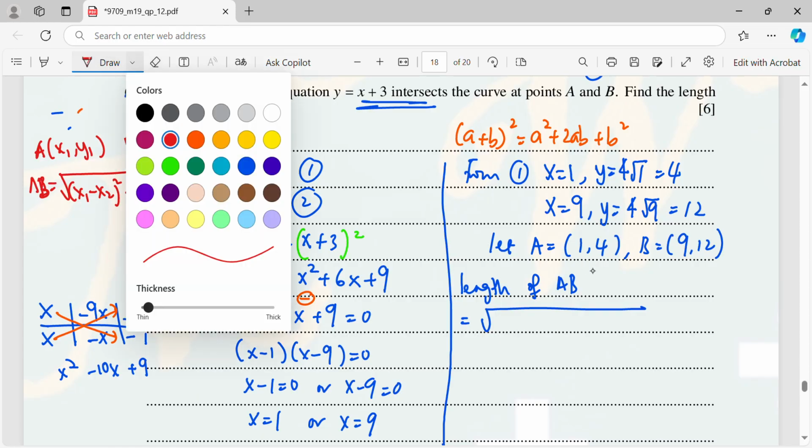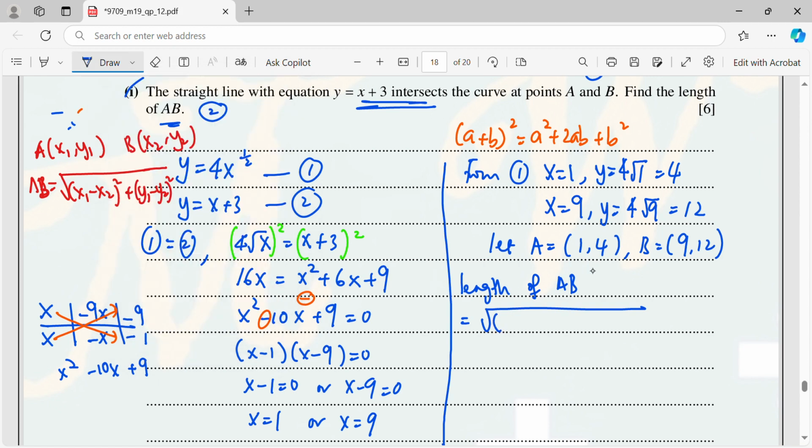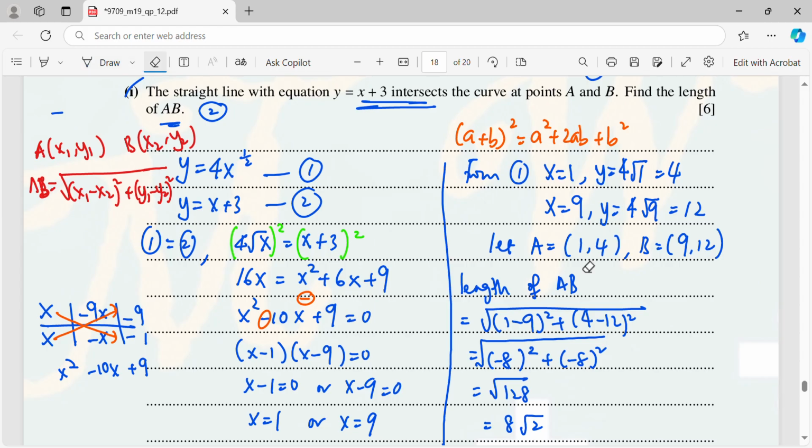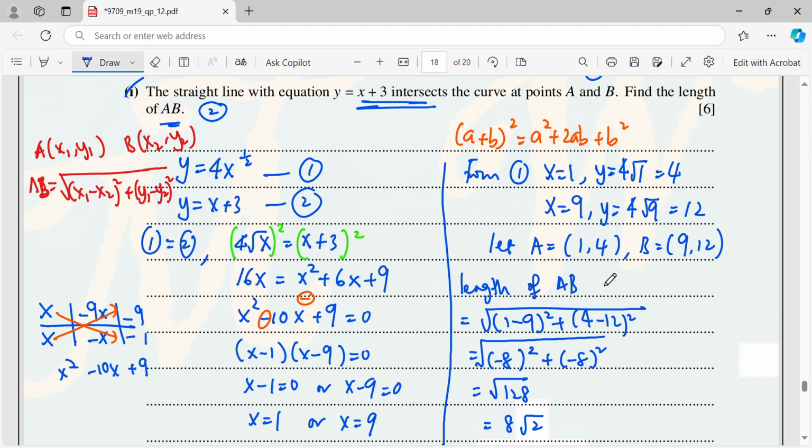Therefore, I get 1 minus 9 squared plus 4 minus 12 squared. So this is negative 8 squared plus negative 8 squared. 64 plus 64 is 128, and hence you will get 8 square root 2. You may leave your answer in this form, or you can calculate it correct to 3 significant figures.